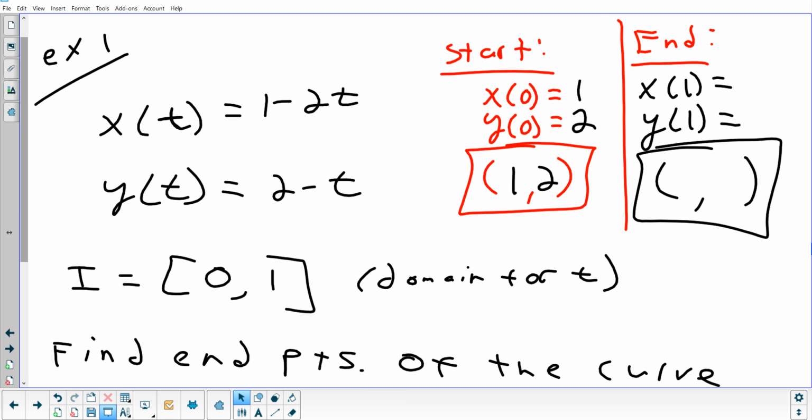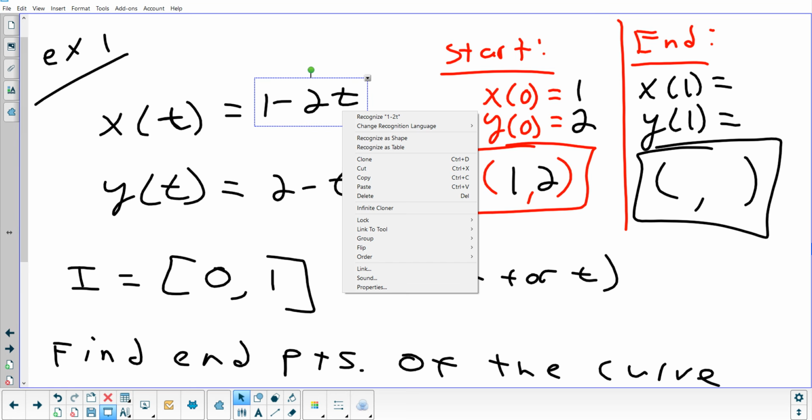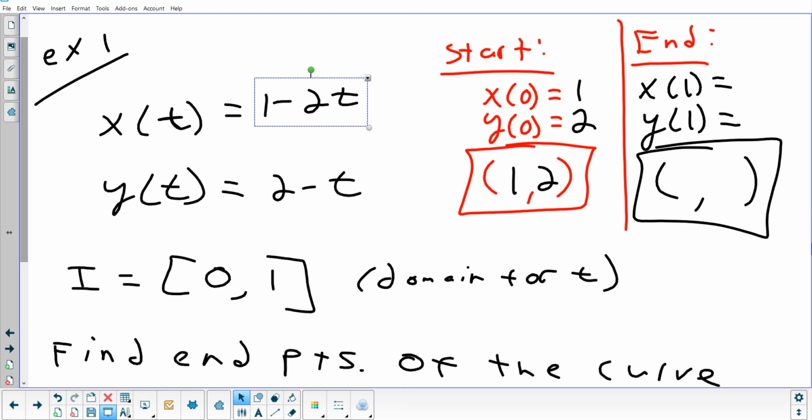And Casey, if I plug in 1 for t, what's 2 times 1? And 1 minus 2? What is it? Not 1. Negative 1. All right? And Francesca, what if I plug in 1 here? What's 2 minus 1? 1. There's your endpoint.